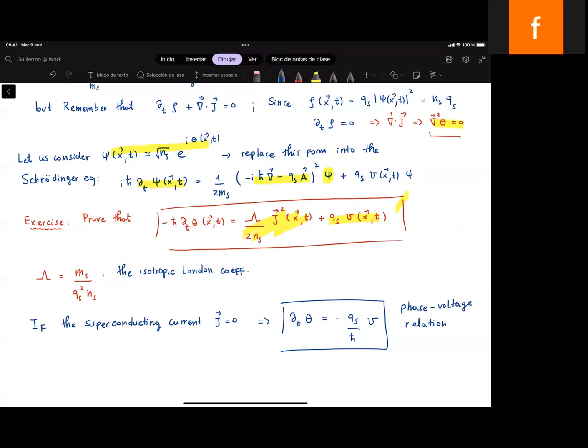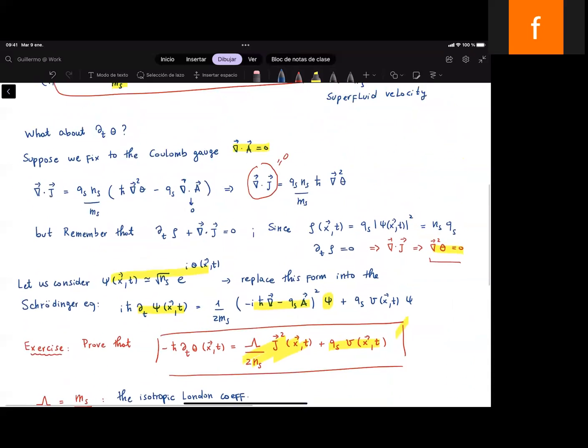This is why this phase voltage relation is so important. But at this moment, all this derivation is valid for a specific gauge, the Coulomb gauge. We need to prove later that there is a relation which is gauge invariant. That will be the next task for us, and that is where the concept of gauge invariant phase will appear.